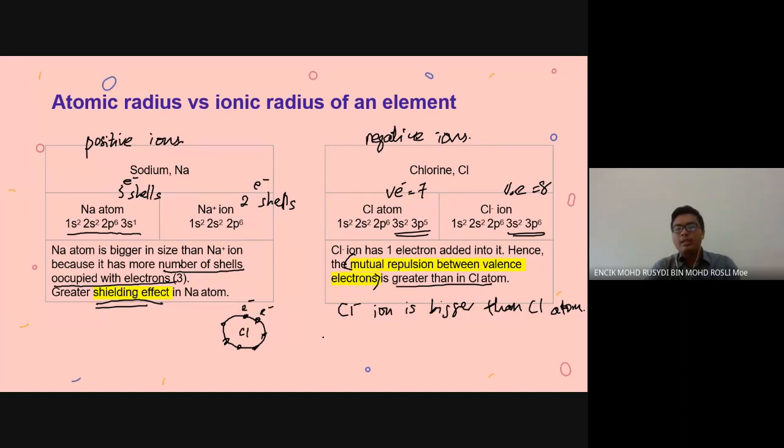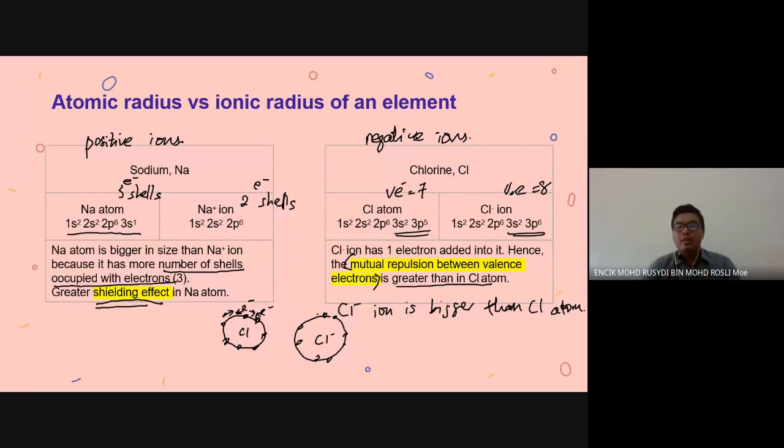And then kita ada in Cl negatif, kali ni valence electron dia, kita ada 8. 1, 2, 3, 4, 5, 6, 7, 8. Okay. So yang 7 ni, dia saling menolak antara satu sama lain. It cannot attract to one another because they have the same charge.